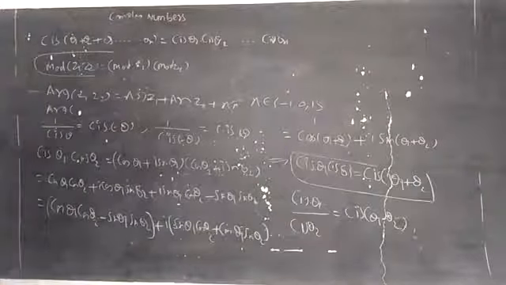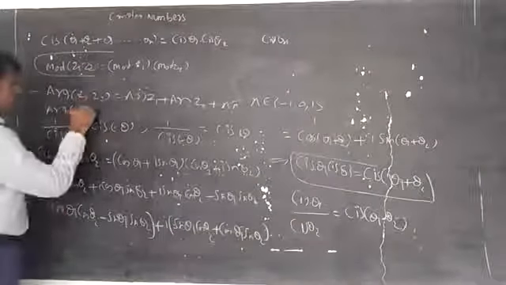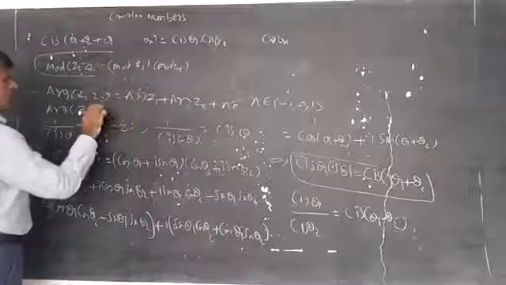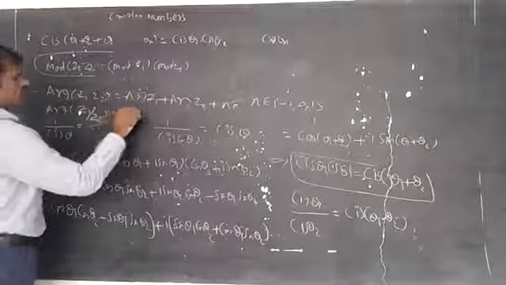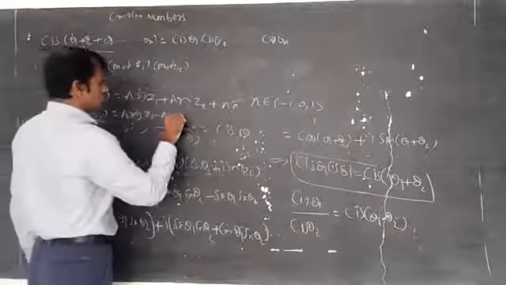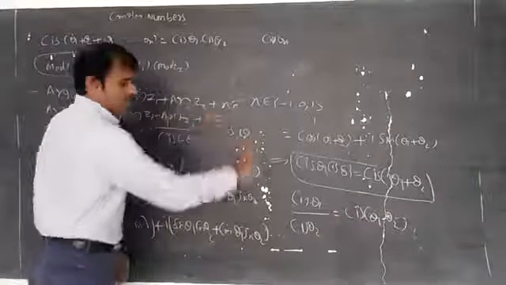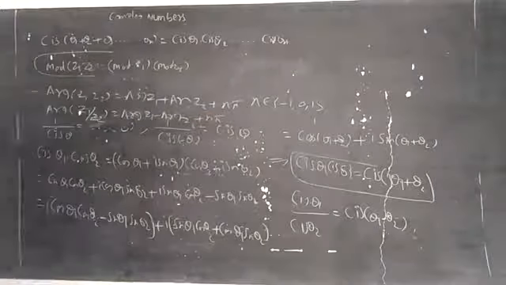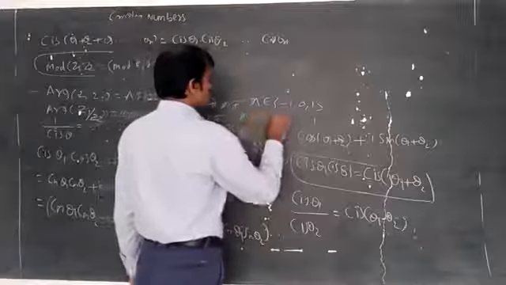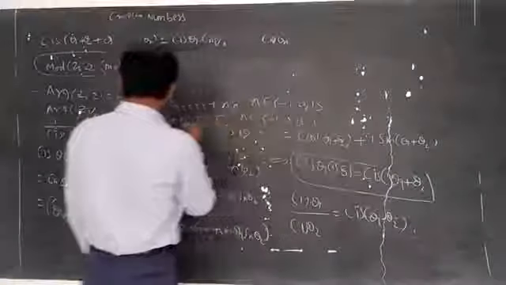Argument of z1 by z2 is equal to argument z1 minus argument z2 plus n pi, where n belongs to minus 1, 0, 1.